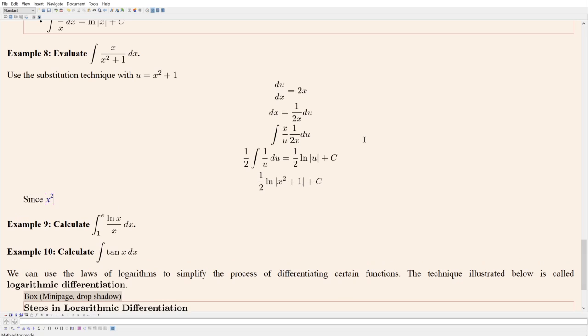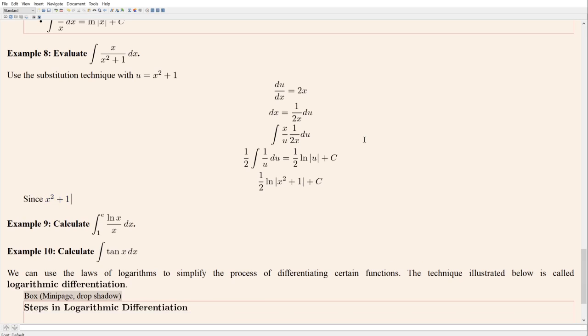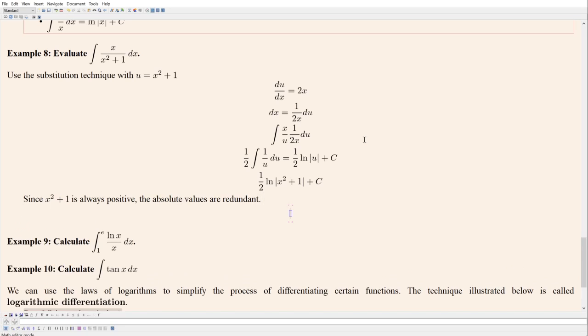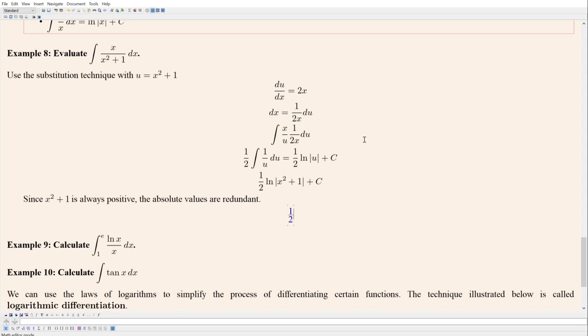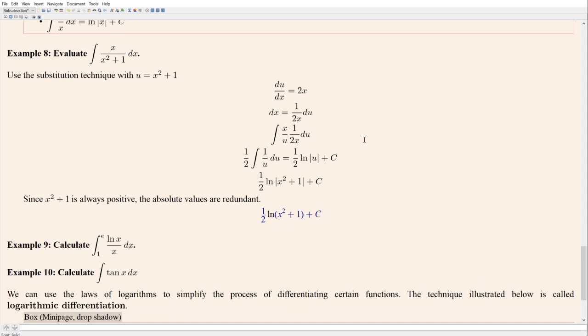The absolute values are redundant because this expression is always positive. So, not a big deal, but that is something that I should mention.